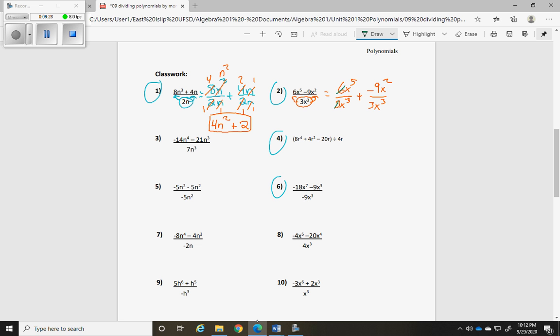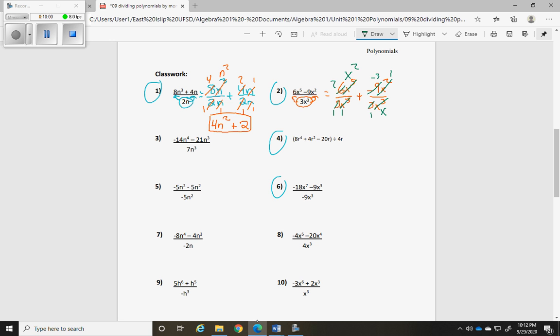6 over 3 is 2 over 1, and x to the fifth over x to the third, there's more x's in the numerator. I'm left with x to the second over 1. And then negative 9 over 3 is really negative 3 over 1. And I have more x's in the denominator here, so this simplifies to 1 over x, because there were 2 x's in common, top and bottom, and I was left with a factor of x in the denominator.